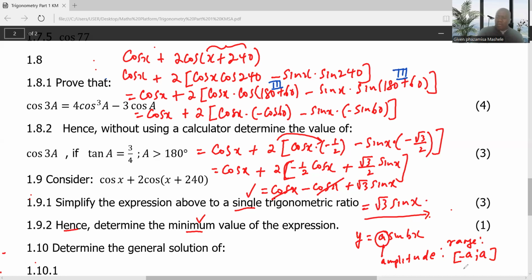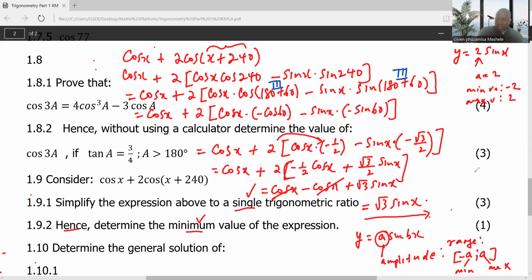For example, if we have y equals 2 sin x, the amplitude is 2, which means the minimum value of the graph will be minus 2 and the maximum value will be 2, which will affect the range.